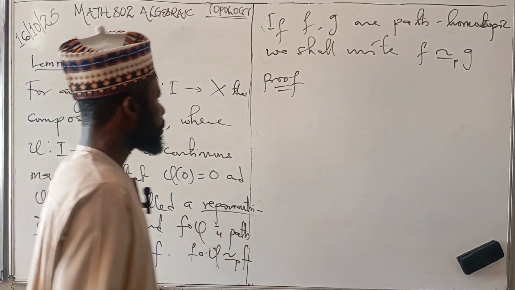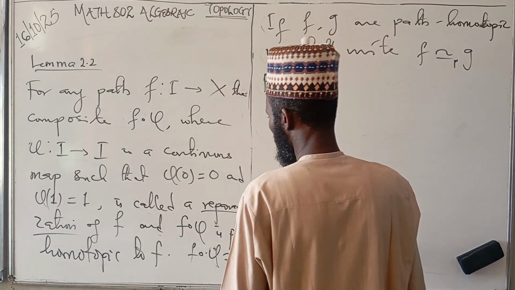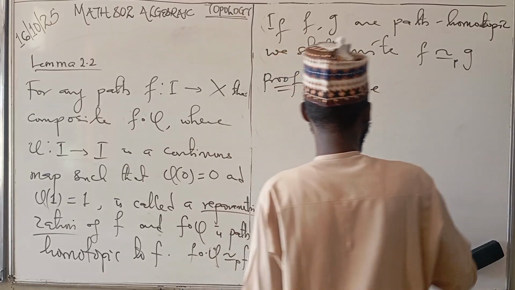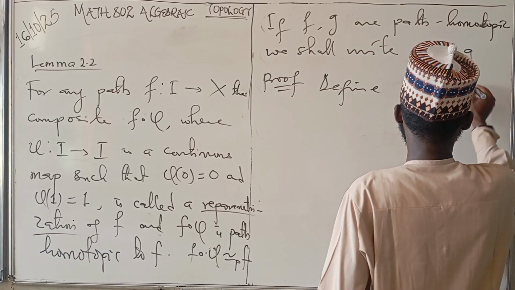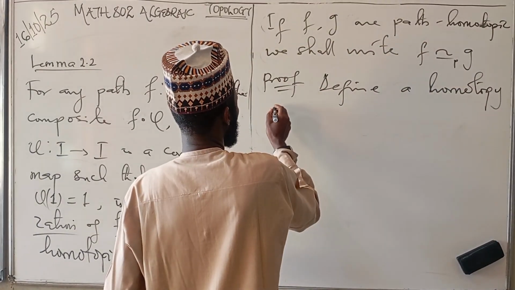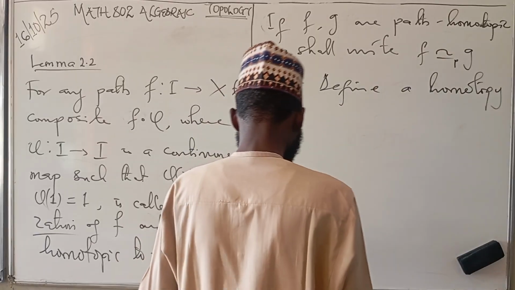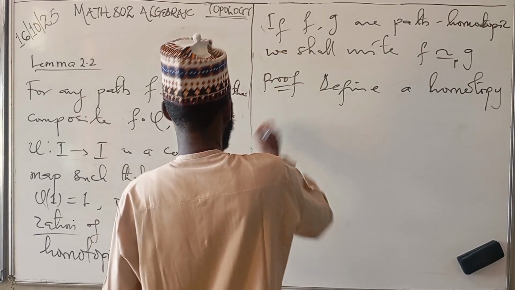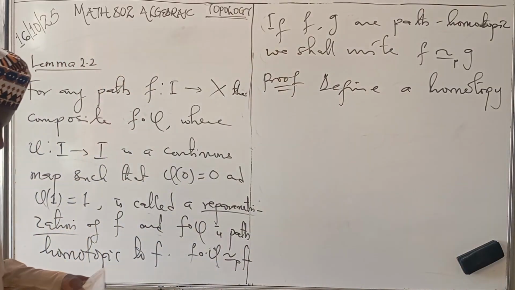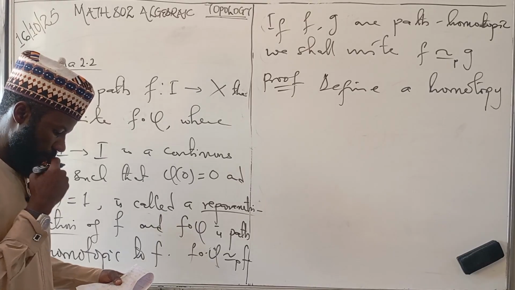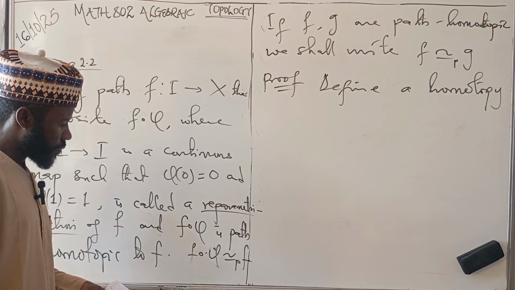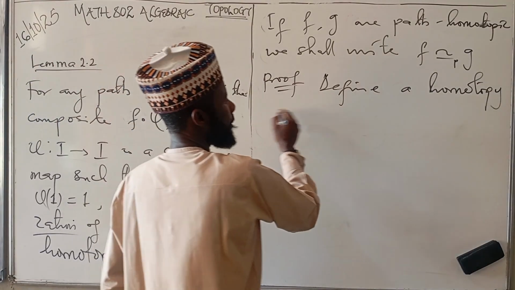Is that okay? So what you do here is to define a homotopy. We want to get a homotopy from f to this one.